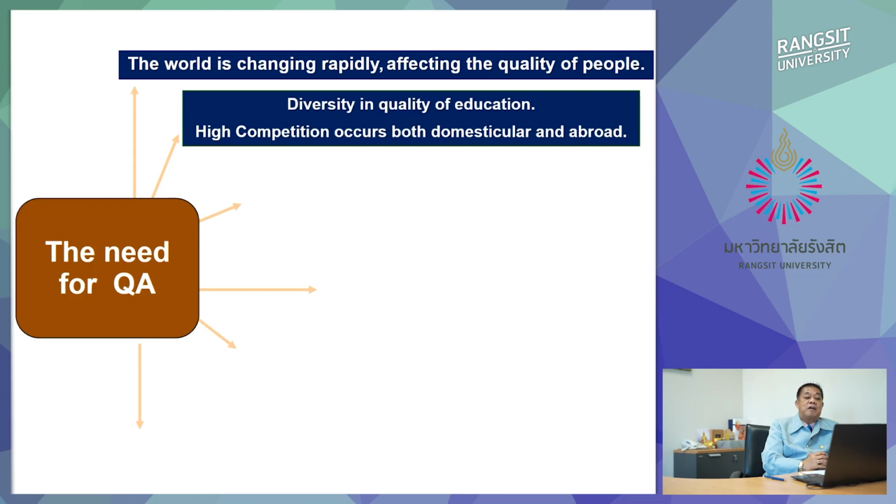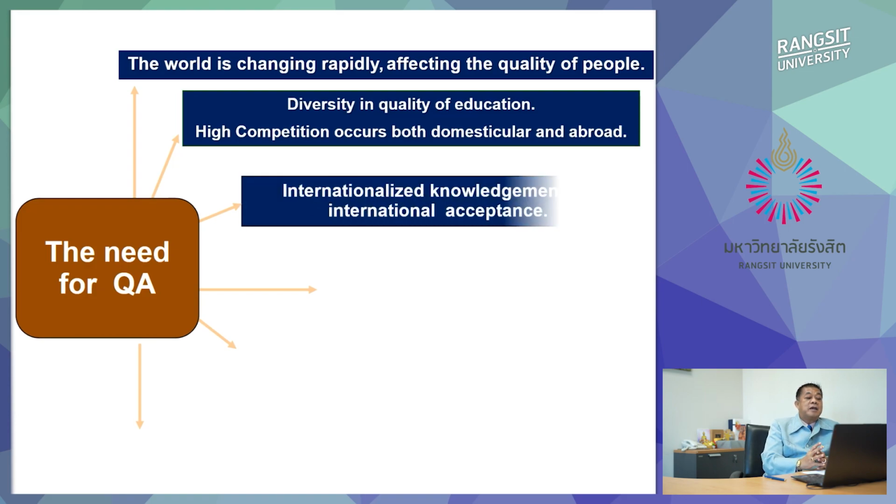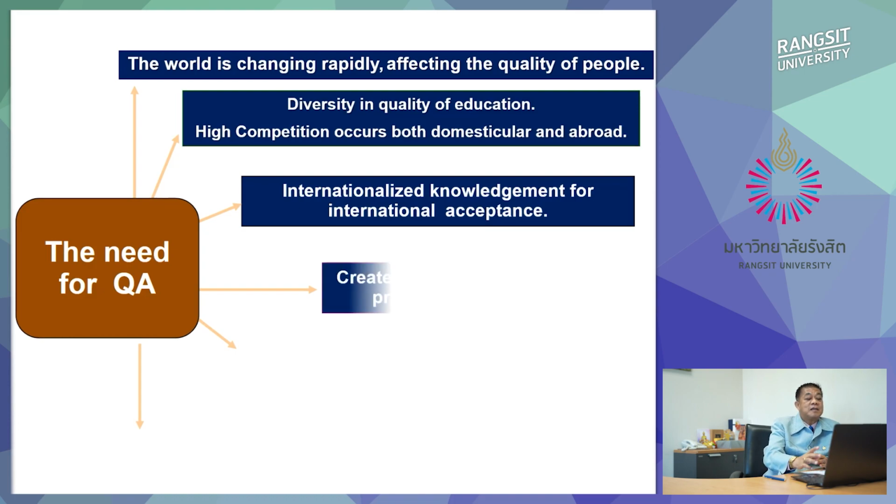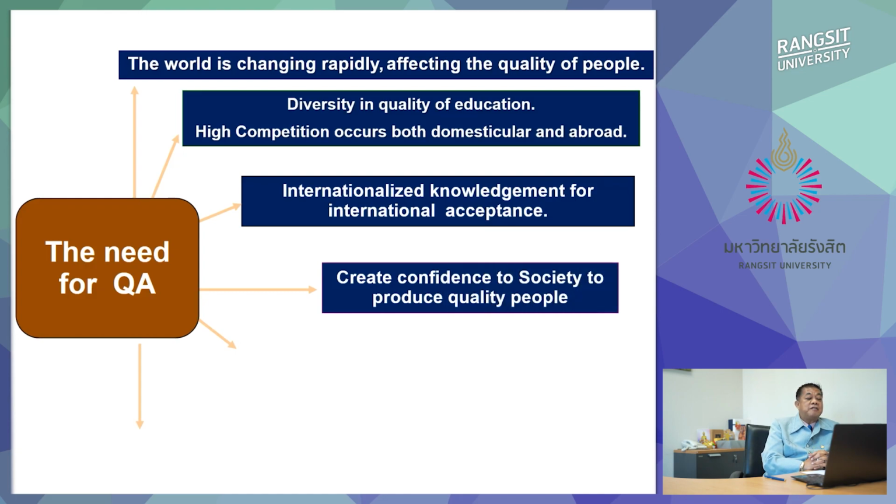Two, diversity and equality of education. Now we have high competition, which occurs both domestically and abroad. Third, the need for QA is internationalized knowledge for international acceptance. Fourth, the need for QA is to create confidence in society to produce quality people.